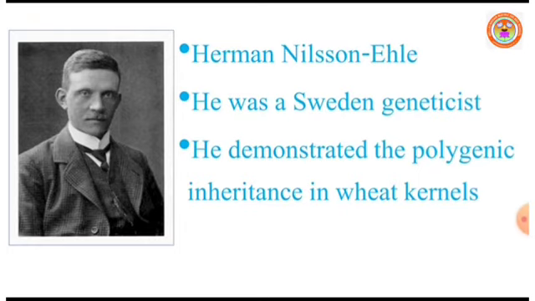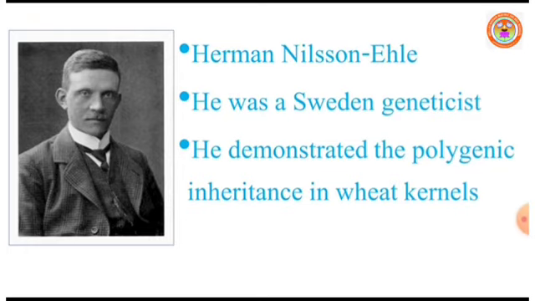The red color of the kernel is dominant to the white. So there are two phenotypes in the kernel color of the wheat studied, each controlled by genes with two alleles.